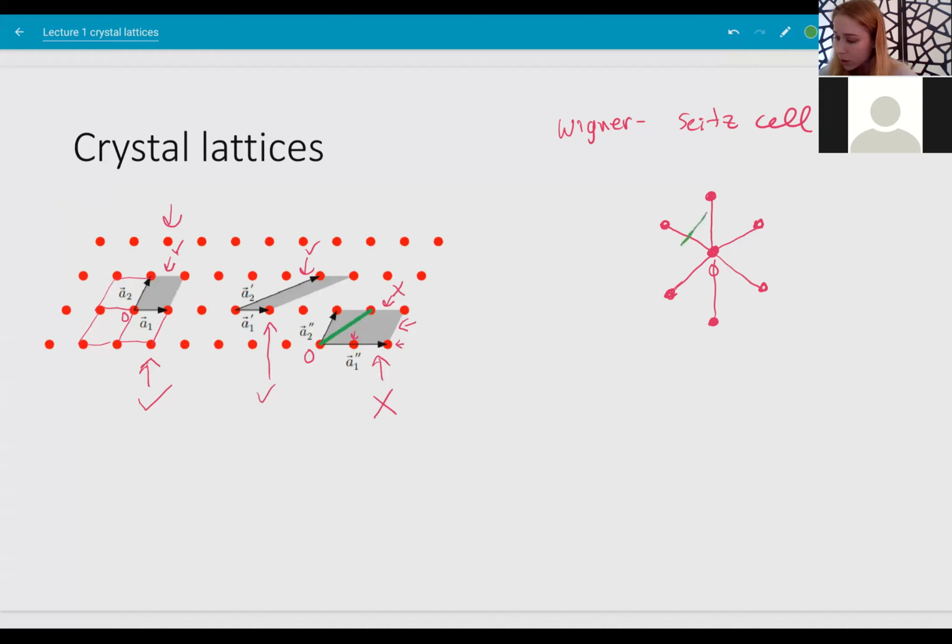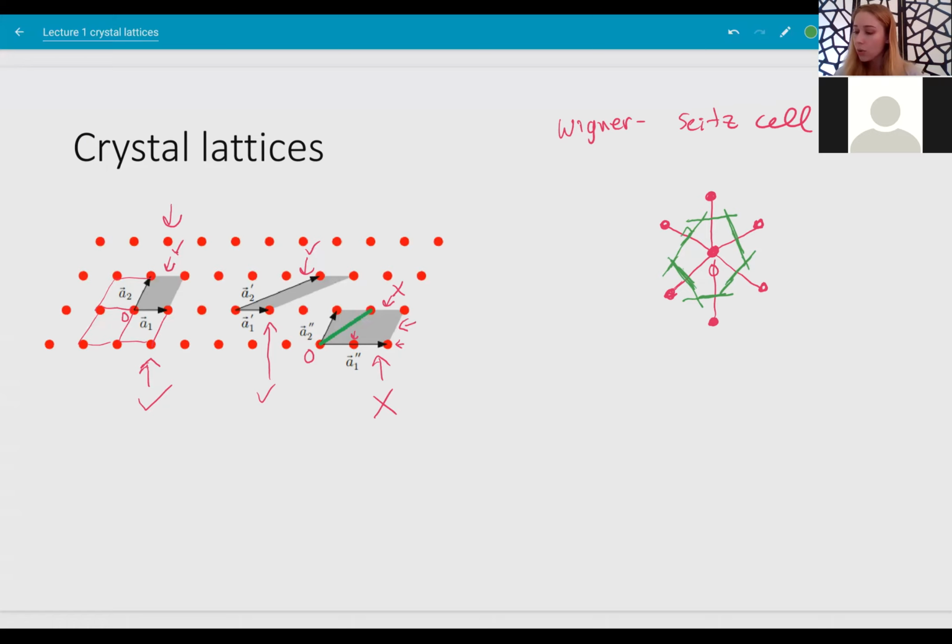Perpendicular bisector, perpendicular bisector, another perpendicular bisector, and you just connect them all up, and the closed shape that they form is the Wigner-Seitz cell, which is a type of primitive cell. And by this procedure, it automatically has only one lattice point inside.